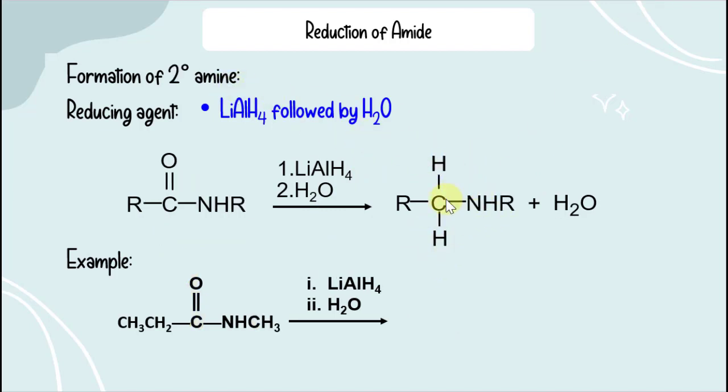Secondary amines will be produced by the reduction of secondary amide by using lithium aluminum hydride followed by water. Same as before, the C double bond O will be reduced into CH2. For our example here, let's highlight the C double bond O and then copy back our structure.